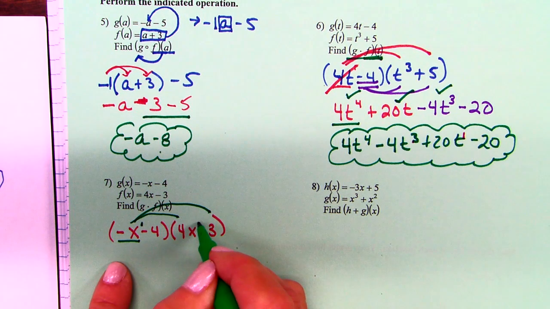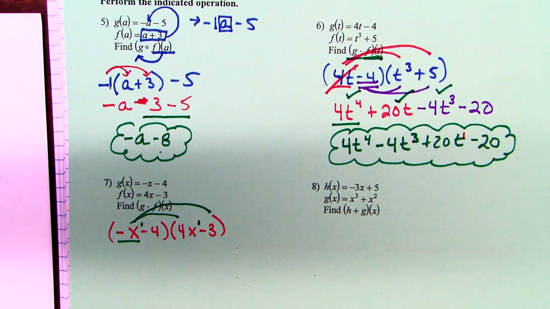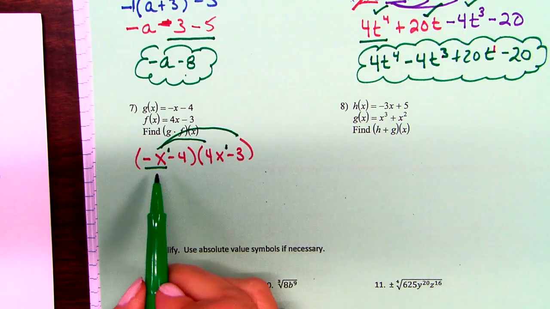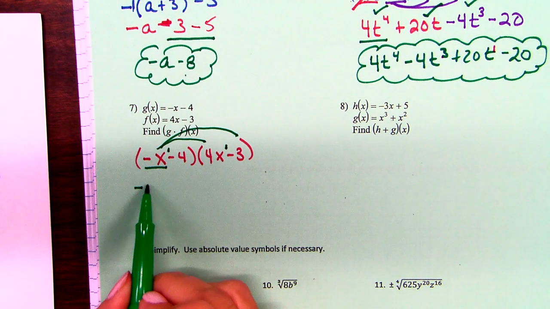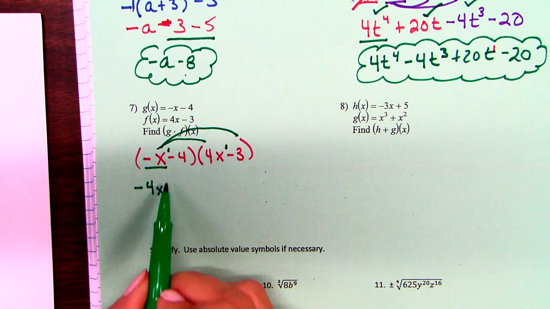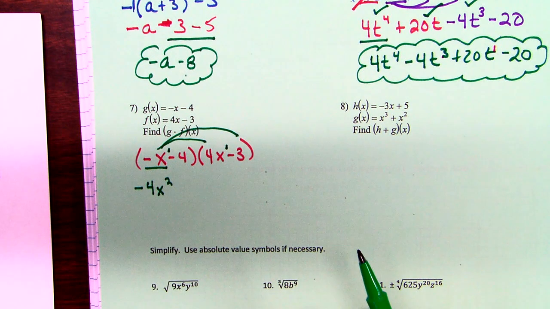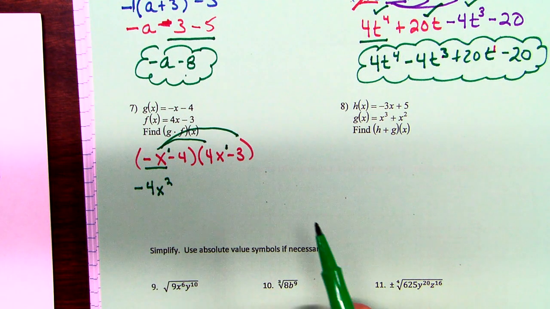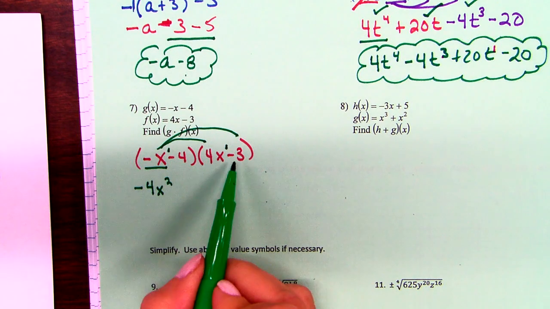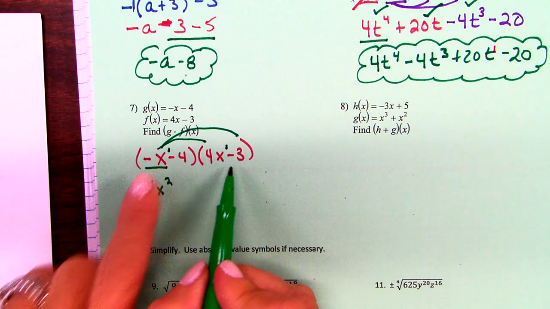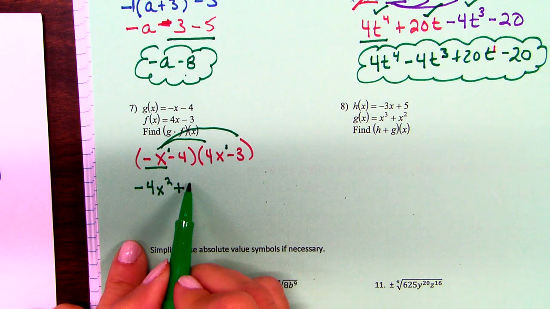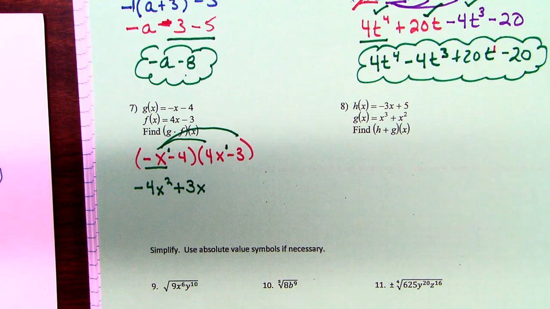If it helps you to put those ones there so you don't forget, good. Negative x times 4x is negative 4x squared. A negative times a negative is positive, so negative x times negative 3 is positive 3x.